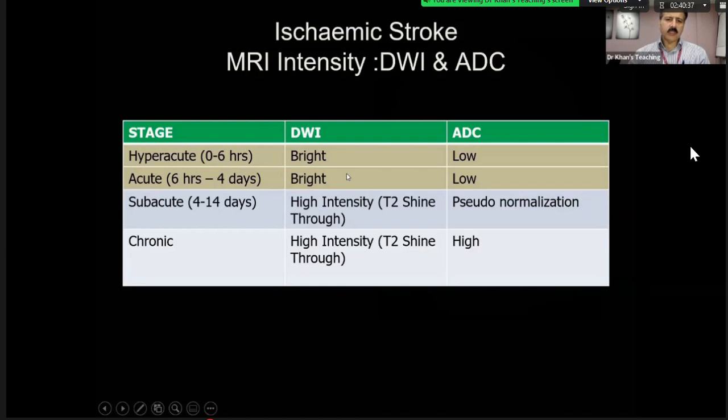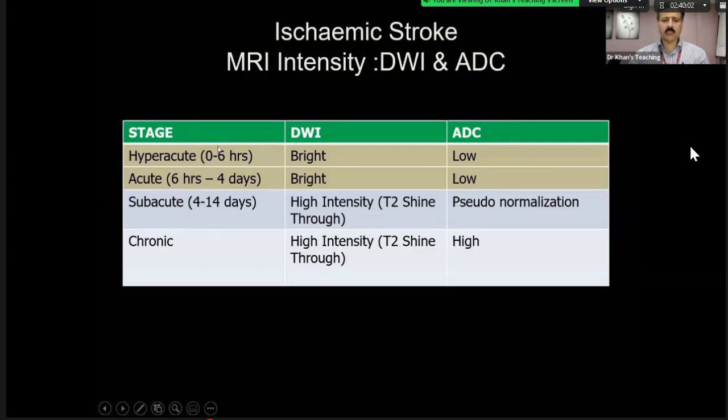Now, diffusion-weighted sequence is, as we have pointed out, the king sequence vis-a-vis acute ischemia, and acute infarctions or strokes can be divided into these words as far as MR is concerned. Hyperacute, which is 0 to 6 hours, then acute 6 hours to 4 days, then subacute 4 to 14 days, and then chronic.